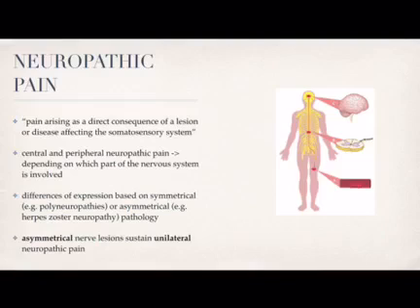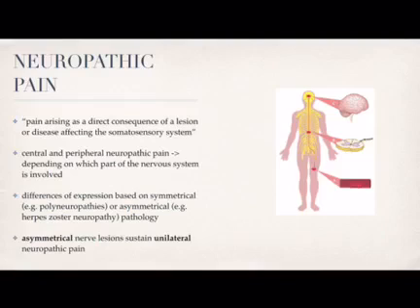In particular, among the multiform pathophysiological expressions, one of the main differences is based on symmetrical or asymmetrical pathology that makes the painful clinical syndrome. And nerve lesions associated with neuropathic pain can be, as I said, symmetrical, for example, polyneuropathies, or asymmetrical, like the herpes zoster neuropathy.